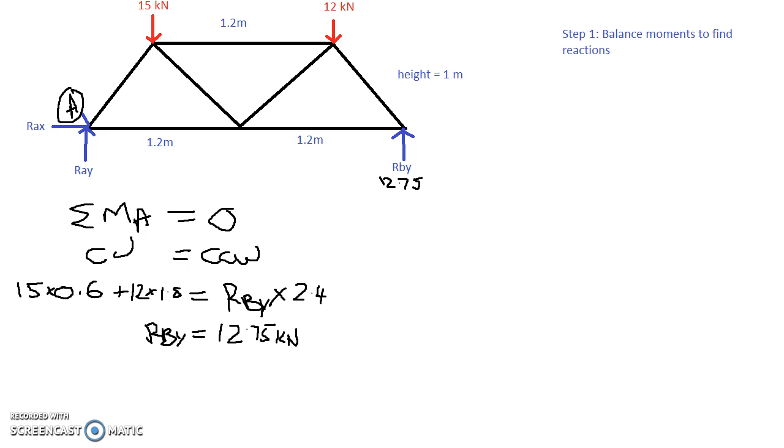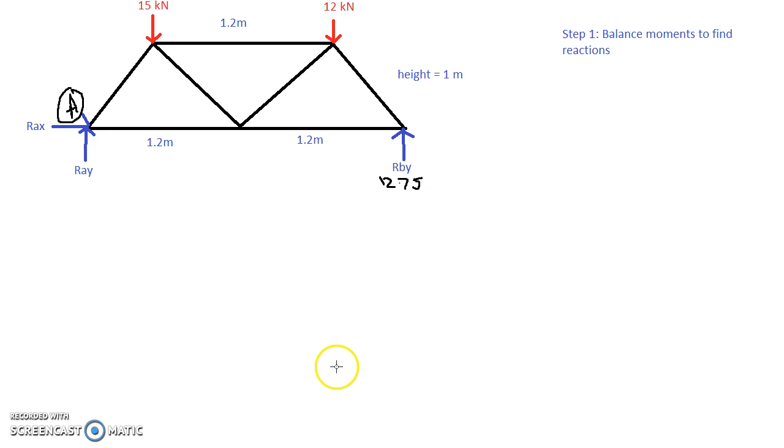All right, now let's get rid of all that. Now, if I sum the forces in the X and Y direction here, I'm going to actually write it down. I'm going to do that to find RAY. Sum of the forces in the Y direction equals 0. So we're going to have RAY, add the 12.75, which is RBY.